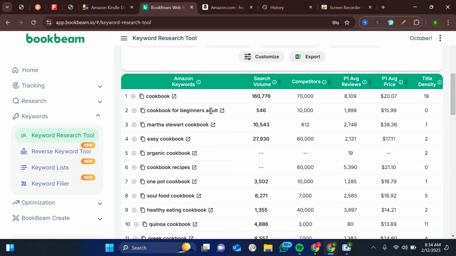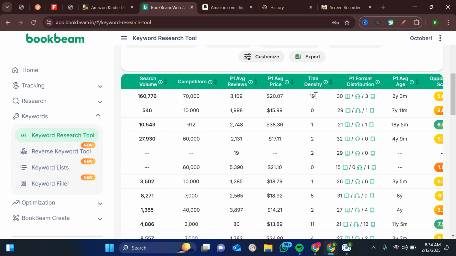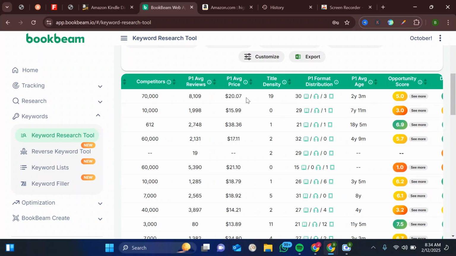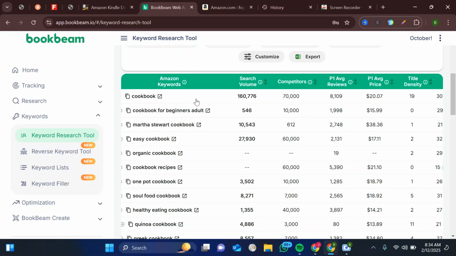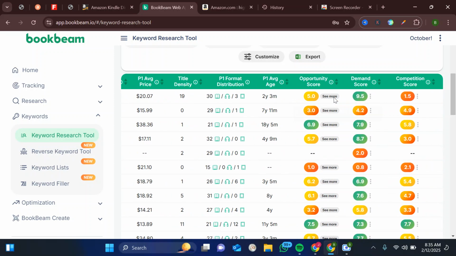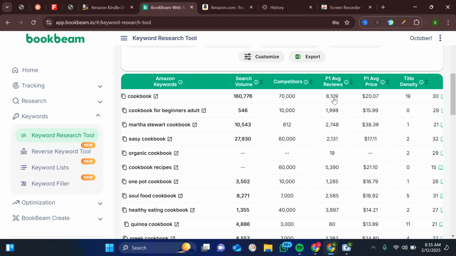If you check well, only cookbook is this 160,000 search volume, and then the average price, title density. It means out of this cookbook we get 30 printouts and 16 results like audio, and then we get Kindle also. But this is not our major focus.